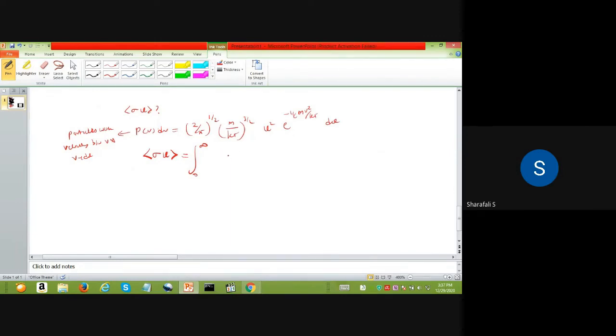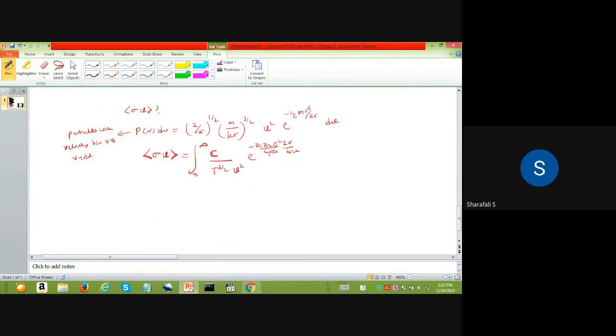I will take the constants as C, and T raised to 3 by 2, m, 2 by pi raised to 1 by 2, all those things will come in this constant C. Then sigma depends on 1 by v squared, as I already told, and the penetration probability, e raised to minus Z1 Z2 e squared by 4 pi epsilon 0 times 2 pi by h cross v.